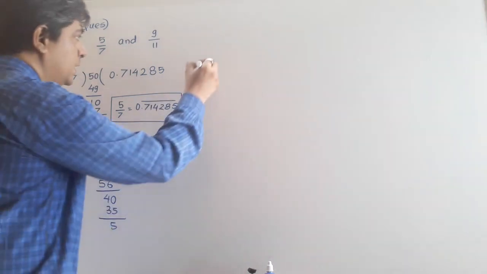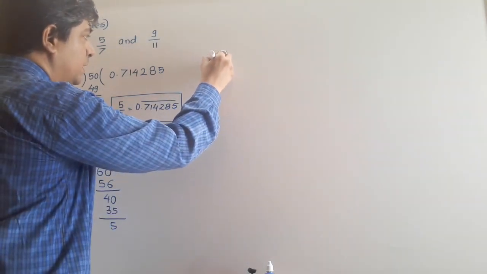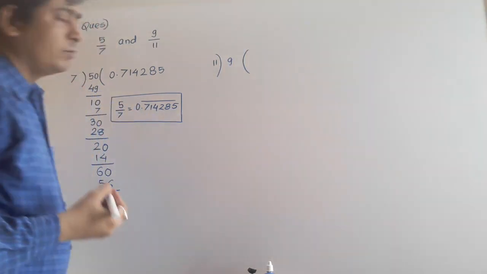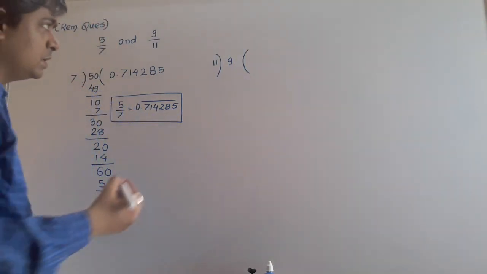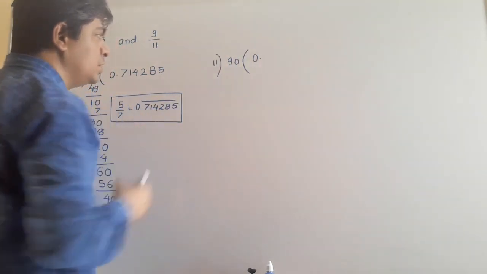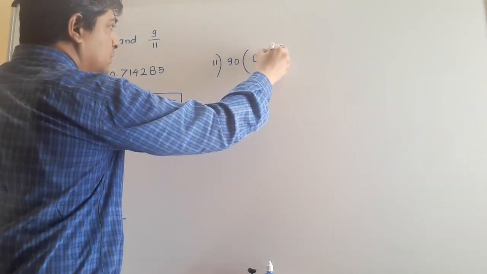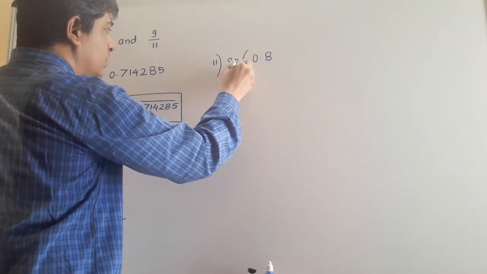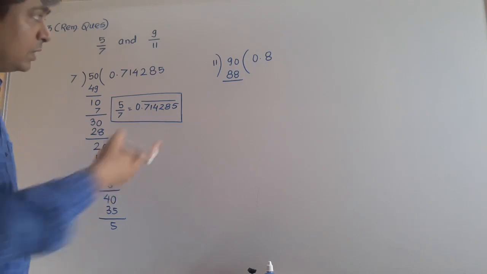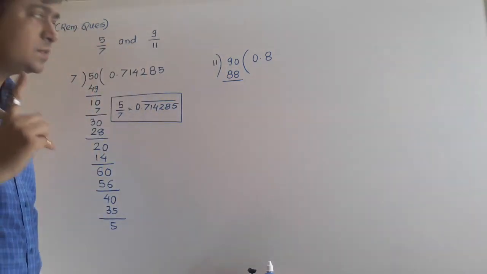Okay, now let us see 9 upon 11. I am dividing 9 by 11. Again 11 into 9 cannot be divided, so initially I will put the decimal here, and I can assume here a 0. So 11 eights are 88. Remember, where do I have to stop? When I get 9, because from 9 only I have started.